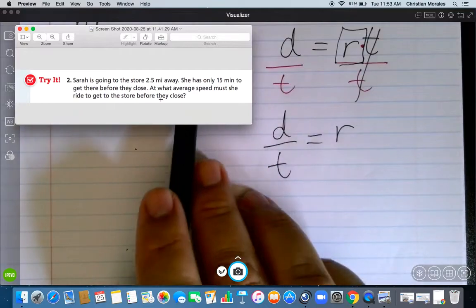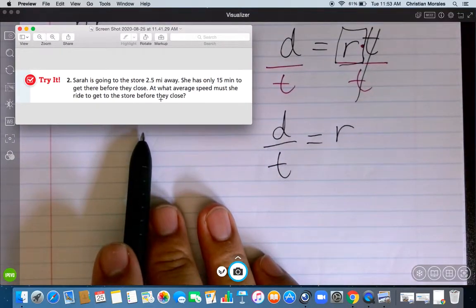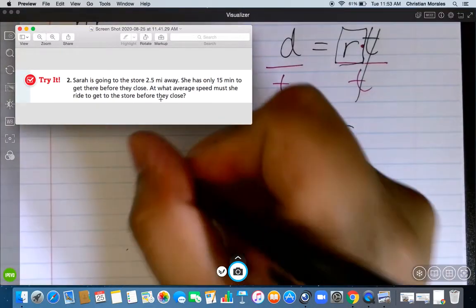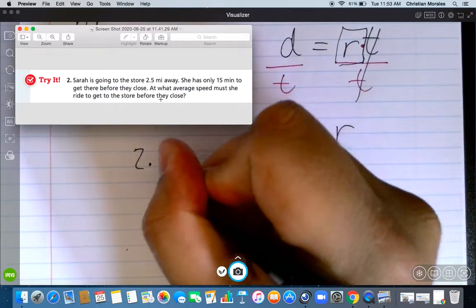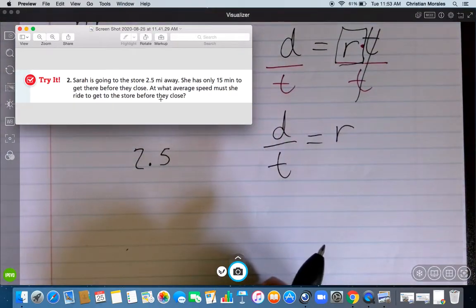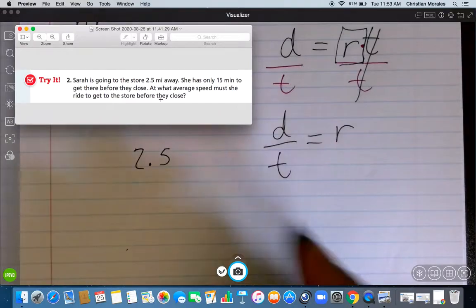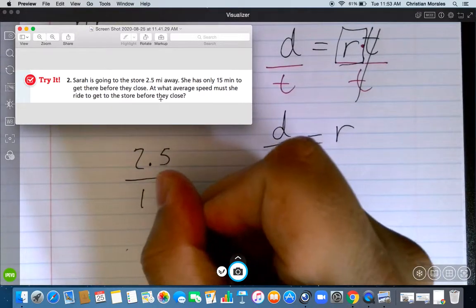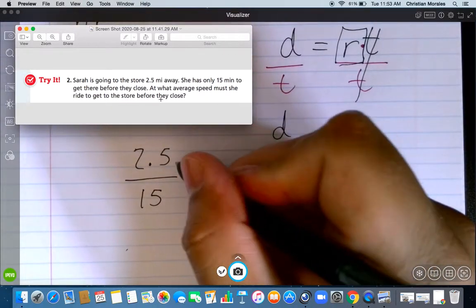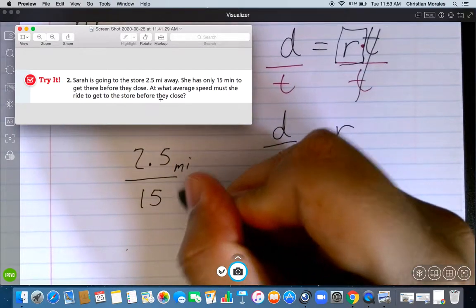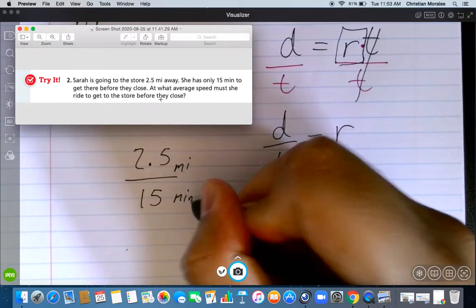So let's take these numbers. In this problem, the distance is 2.5 miles away. She only has 15 minutes. So we have miles over minutes.